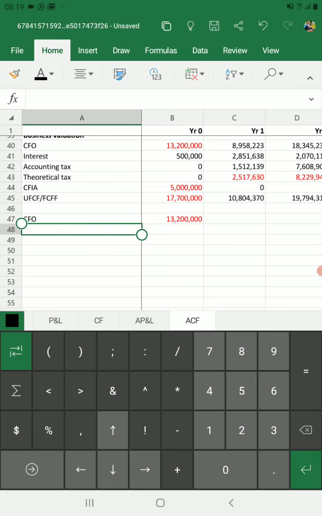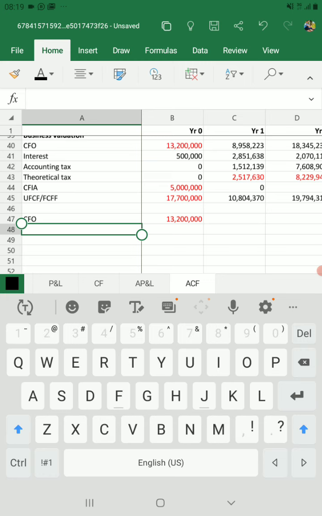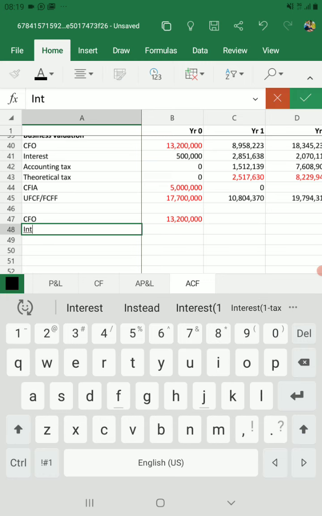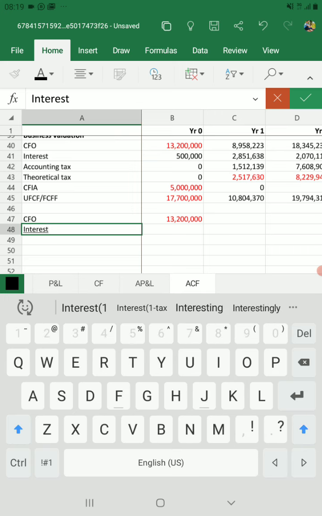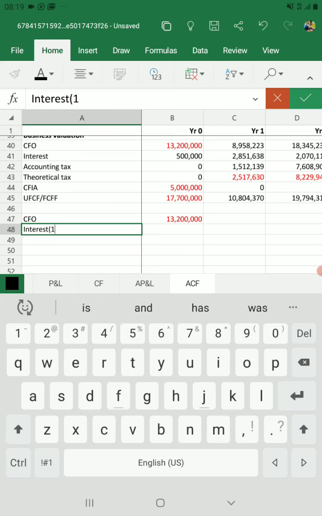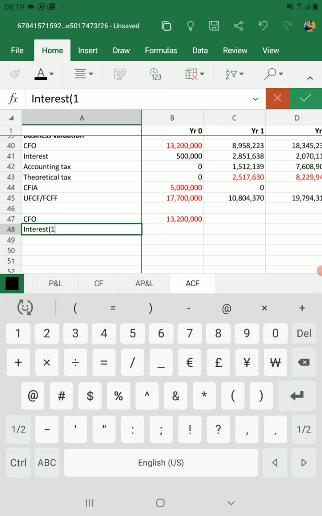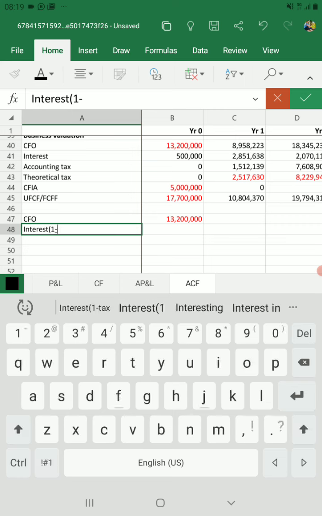So I put here interest, and then in the bracket put 1 minus tax rate.